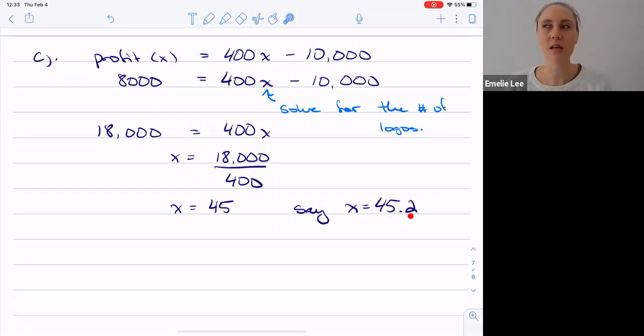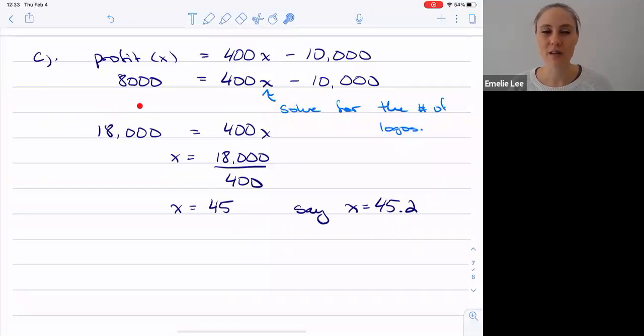So you have to think about, okay, well, what does this mean? It means I would have to make at least 46 items, which would give me slightly more profit than 8,000, right? But that's better than making slightly less, right? So just be careful. Yeah, so usually you round up, it depends on the scenario, right? So you have to round up if you want the profit to be at least 8,000, right?